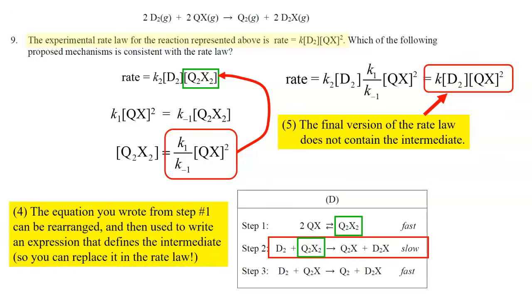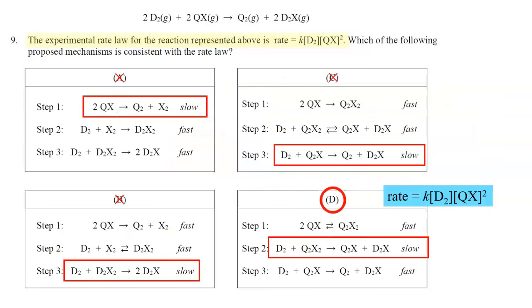Now this rate law not only does not contain the intermediate, therefore that was successful in getting rid of that intermediate, it also matches the rate law that we were given in question 9. So the experimental rate law for the reaction is rate equals k times concentration of D2 times concentration of QX squared. So this is proof that choice D is the correct answer.